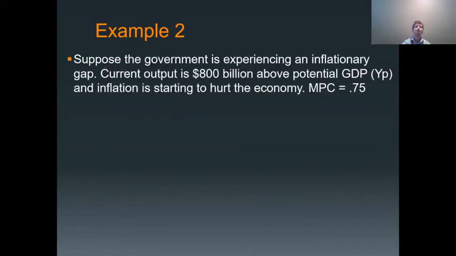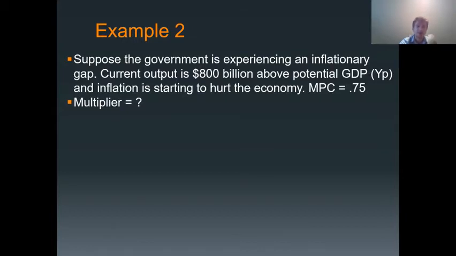Here's a second example. If the government is experiencing an inflationary gap, so we are on the right side of our potential output. Our current output is $800 billion above our potential, and inflation is starting to hurt the economy. Our MPC is 0.75. What is our multiplier? That's our first step.